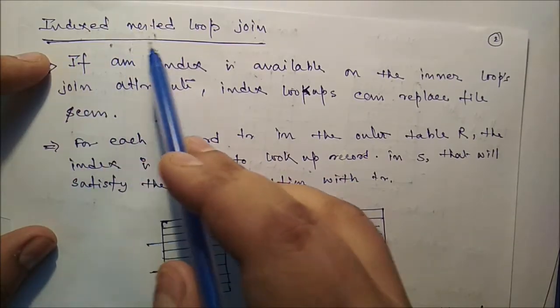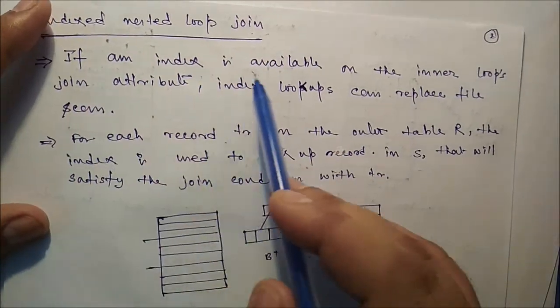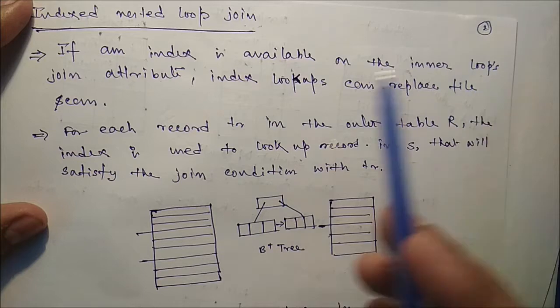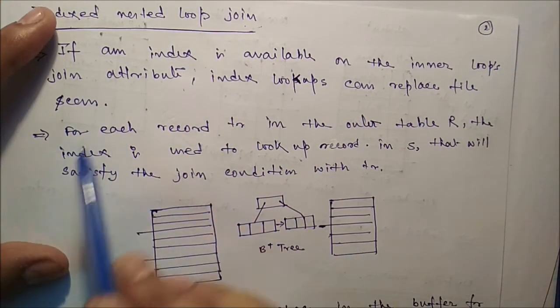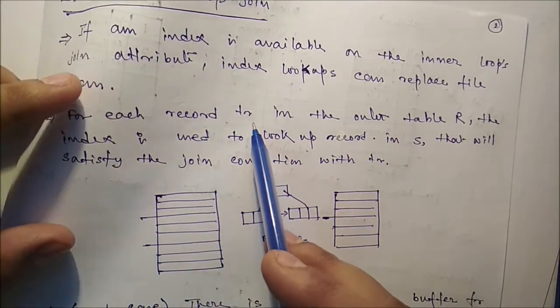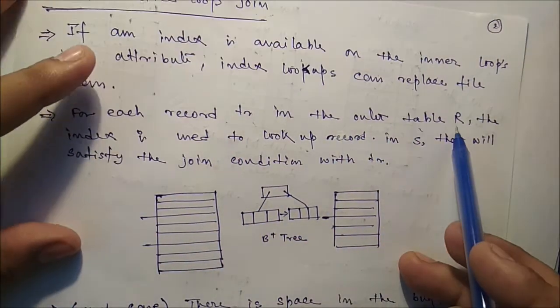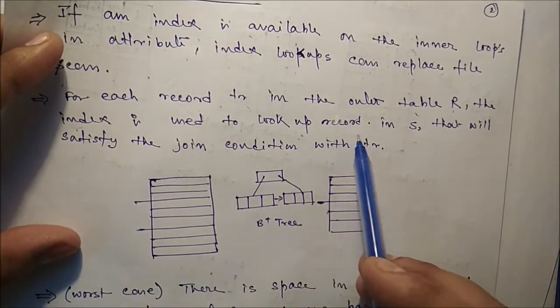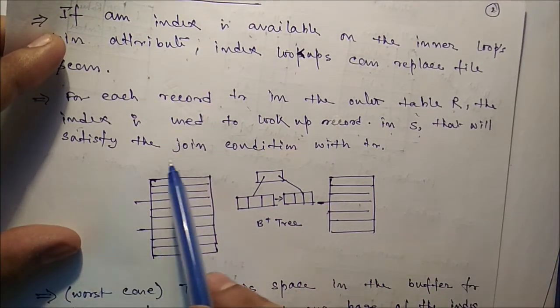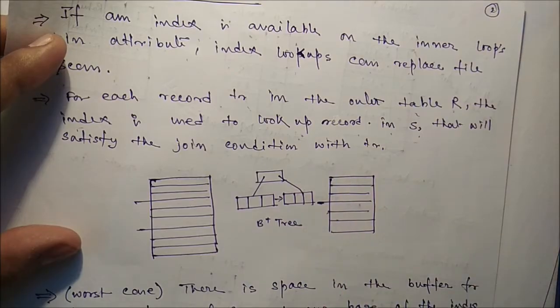Next is index nested loop join. Now if an index is available on the inner loop's join attribute, index lookups can replace file scan. For each record tr in the outer table R, the index is used to look up records in S that will satisfy the join condition with tr.